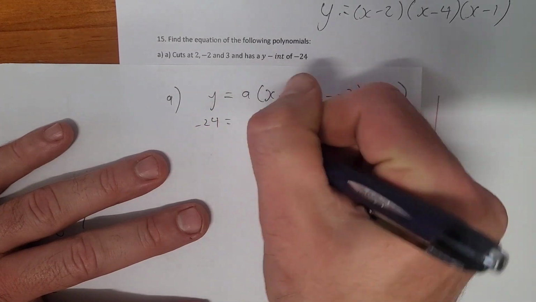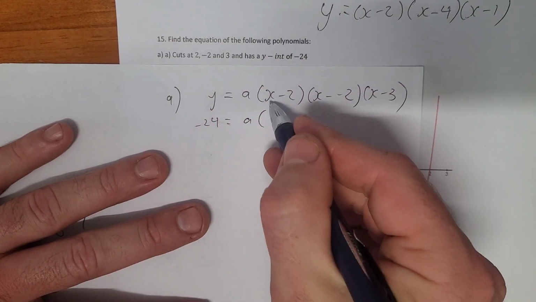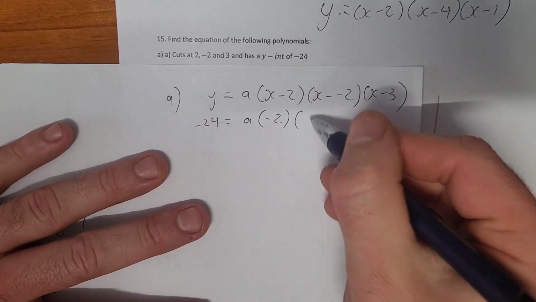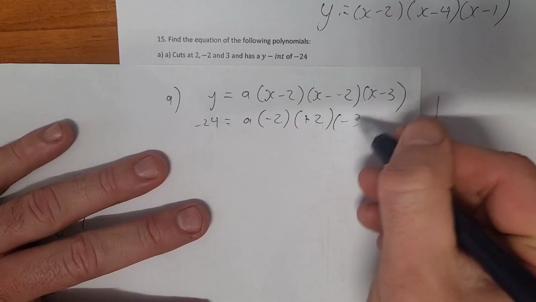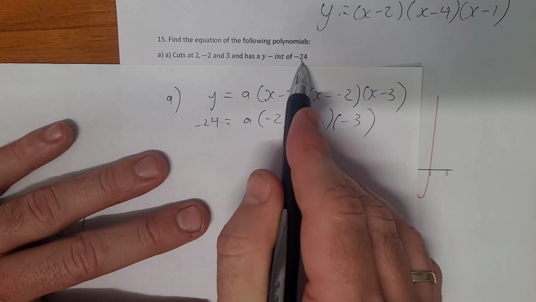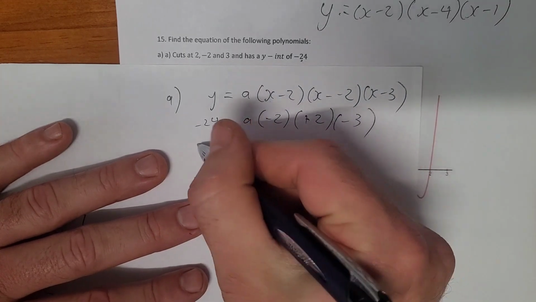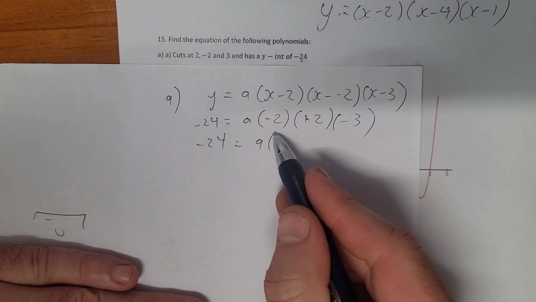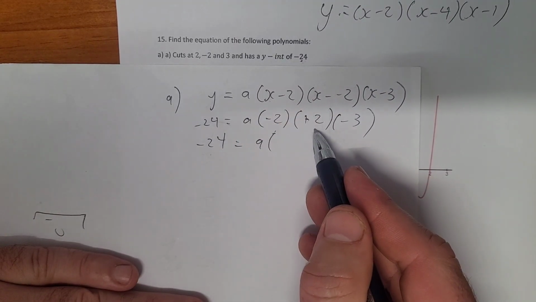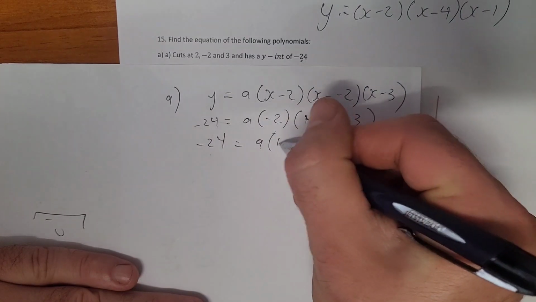So that means when x is 0, so we're putting 0 where the x is, minus 2 is positive 2, and minus 3. When x is 0, the y value is negative 24, and we're just solving through for a. So that's going to be minus 2 times 2 is minus 4, times minus 3 is positive 12.